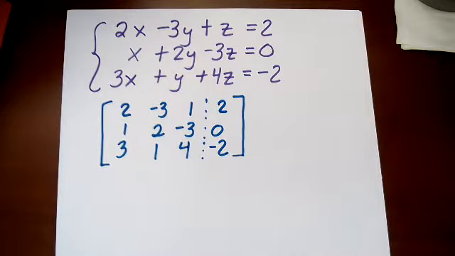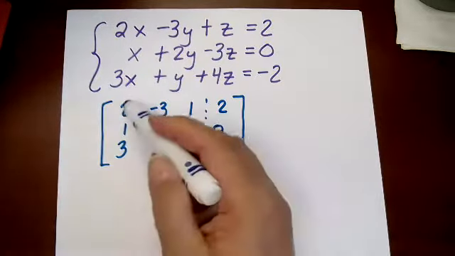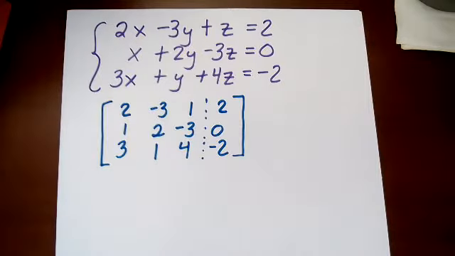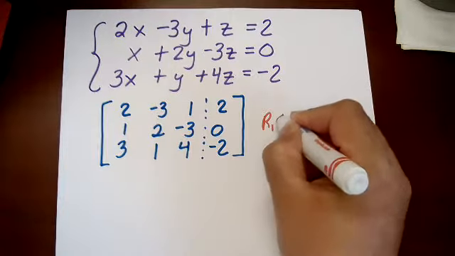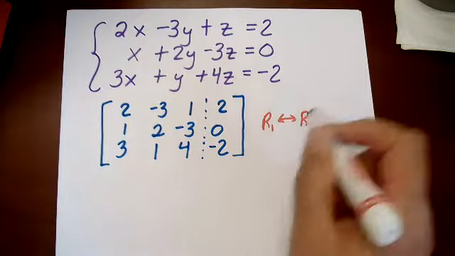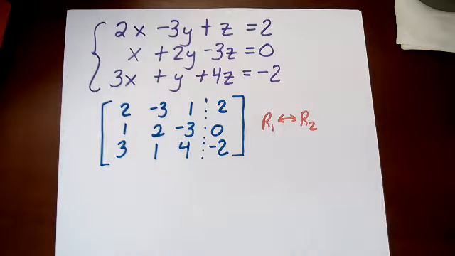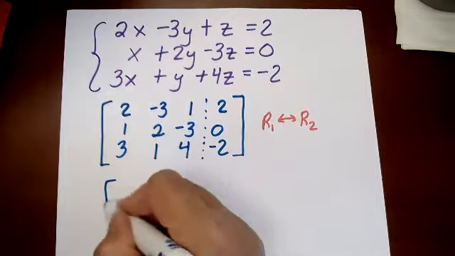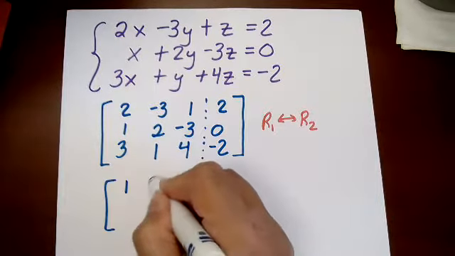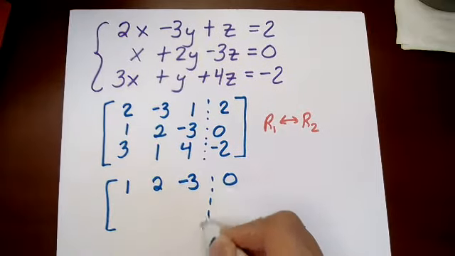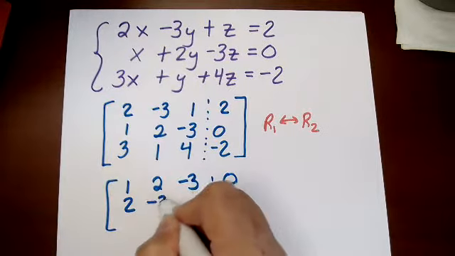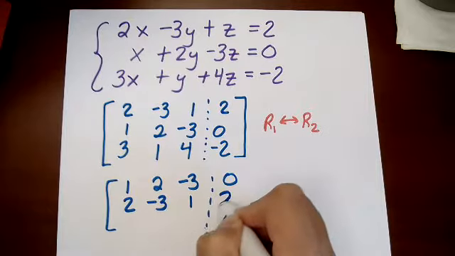Again, it's nice to have a 1 up in the top. So I am going to swap the rows, row 1 and row 2. I'm going to put an arrow on each end showing that they are swapping. So row 1 is now going to be 1, 2, negative 3, 0, and row 2 is going to be 2, negative 3, 1, 2.